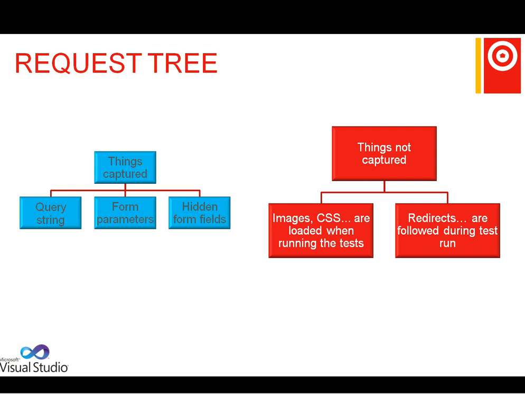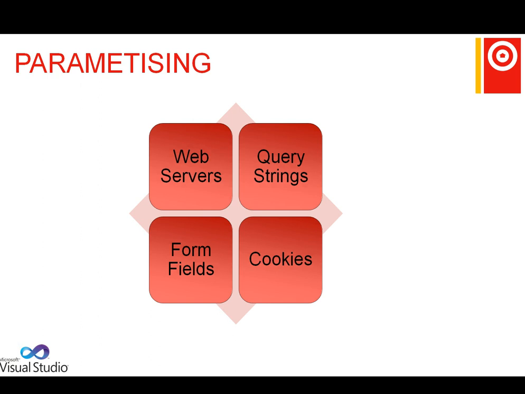There are a number of objects in any web performance test which should be parameterized. These include web servers, query strings, form fields, and cookies. Many of these the web test recorder tries to do automatically for you. However, the majority of them will need to be done manually.